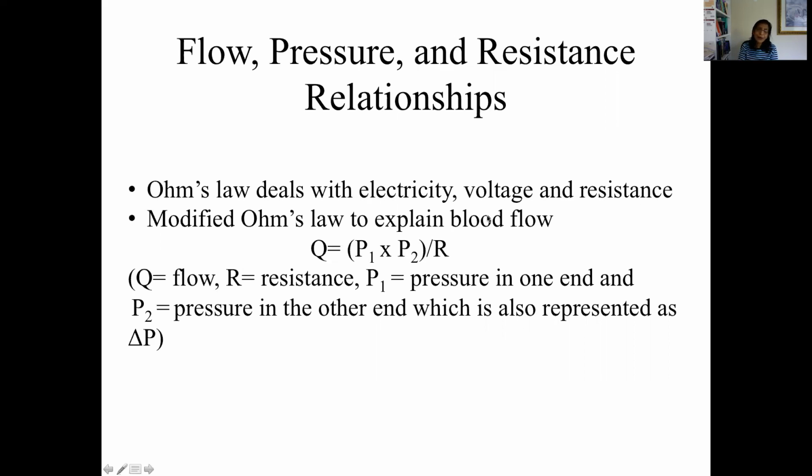But here we are talking about Ohm's law in relation to blood flow with some modifications. Here, Q is the blood flow. All right, Q equals P1 times P2. This is P1 times P2 is actually the pressure in one part of the vessel and pressure in another part of the vessel.